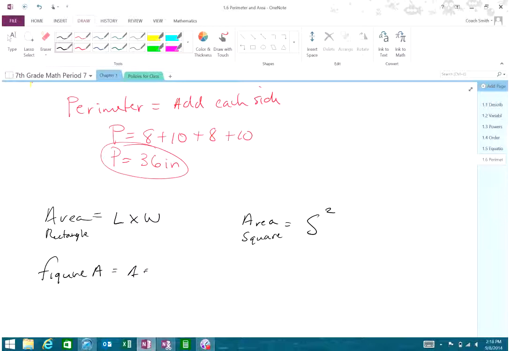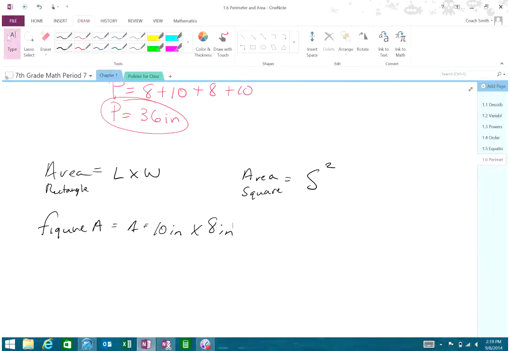Jesse? 10 inches. So I take 10 inches times what is the width of the rectangle? Tayshawn? 8 inches. Okay? So there is my formula. Okay? So, what is 10 times 8? 80 inches squared.